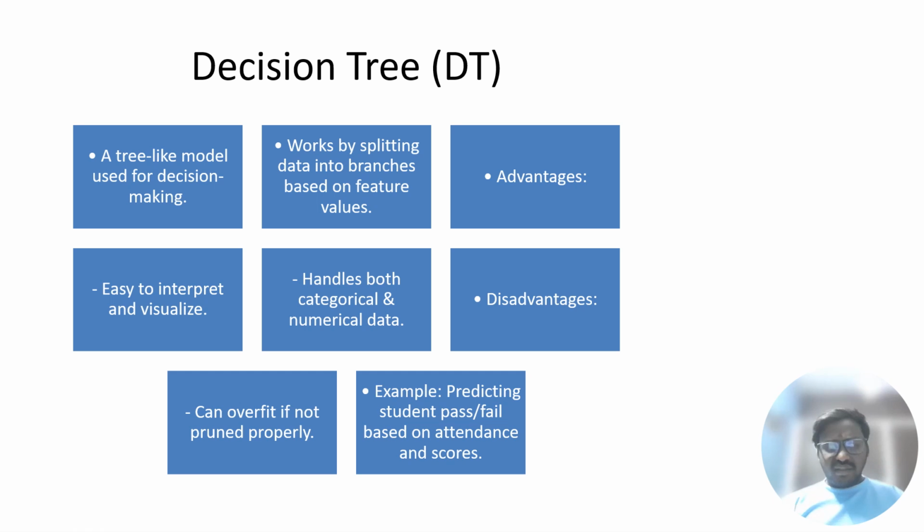The disadvantage is that it can overfit if not pruned properly. It means if the data is not properly arranged, it can overfit, and it is a disadvantage. An example: predicting student pass or fail based on attendance and scores.